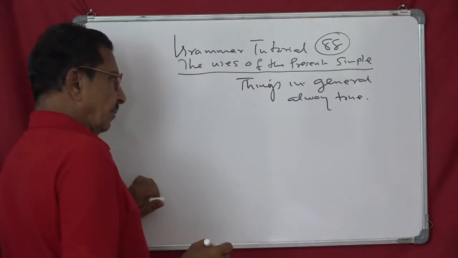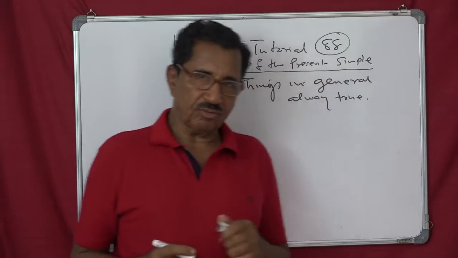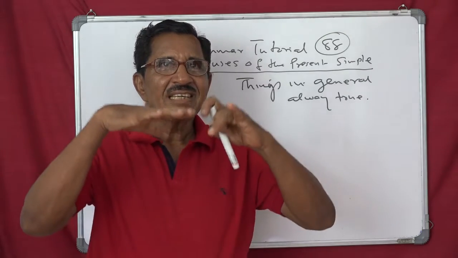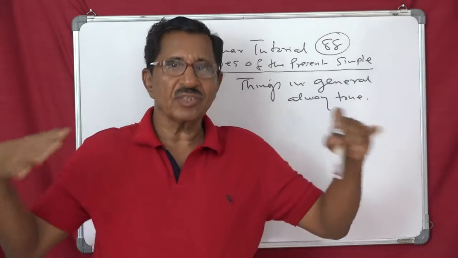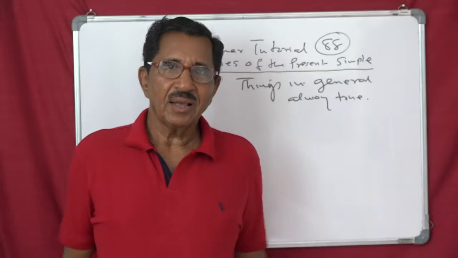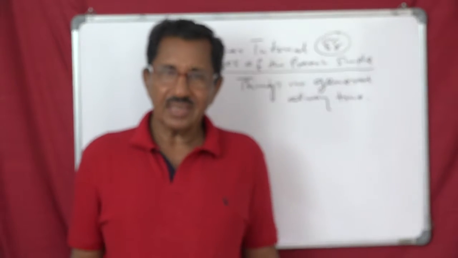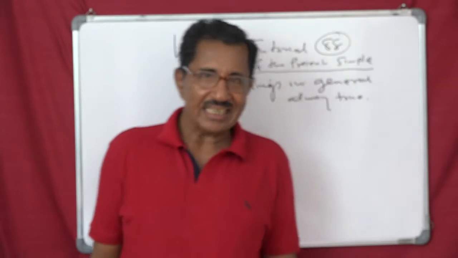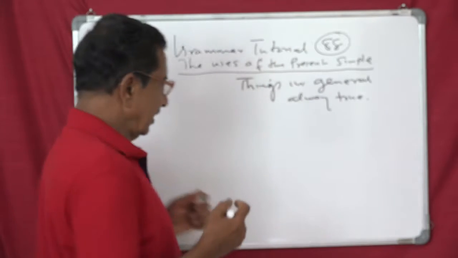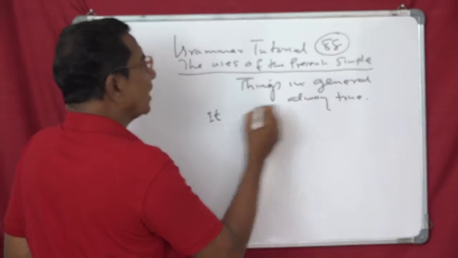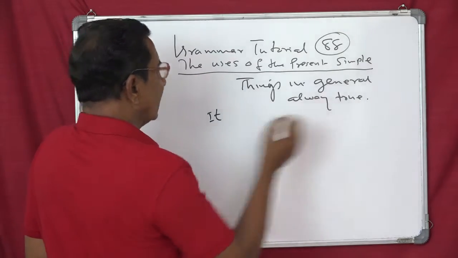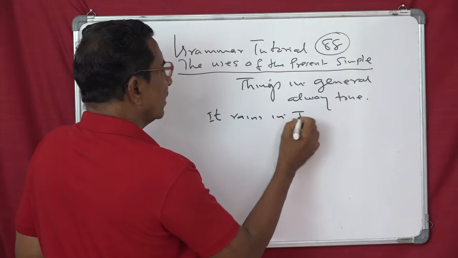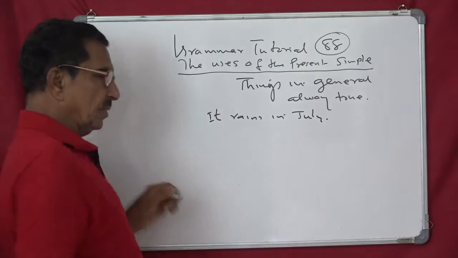Sometimes we say eternal truth, means it's always true, because it is something that remains a fact always. So it is simple present. Example, you can say, it rains in July. As far as India is concerned, we can say, it rains in July. So it's a general truth, a general fact. So that is a simple and good example.